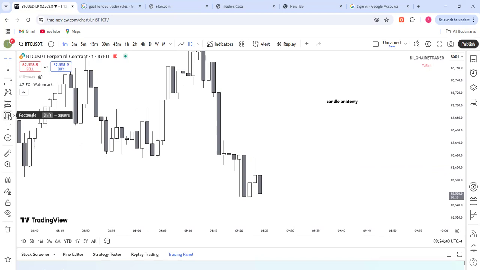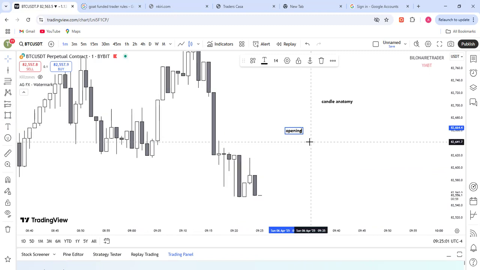I'm using the word candle because we are literally looking at it as candles, and that's the name it is being called, candlestick. So now there are four things that happen with a candle. The first one is the opening. We have the opening. Yes. We have the buying.